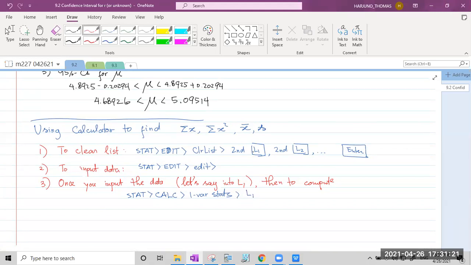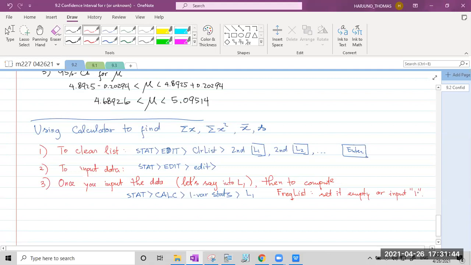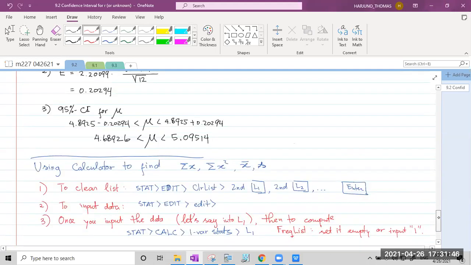The frequency list, either you set it empty or input 1. Okay, that's how we do it.